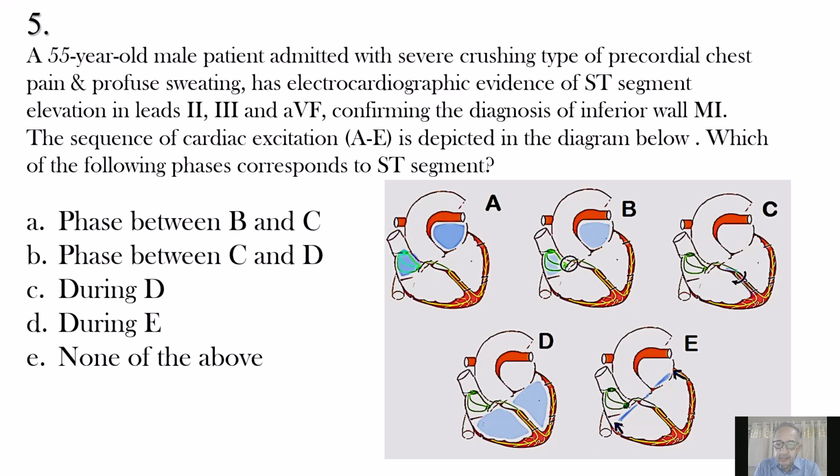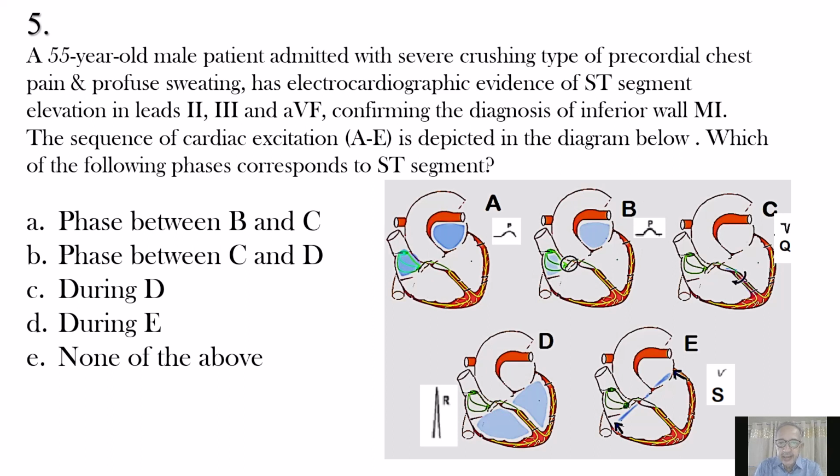And E is the last portion of the ventricle, the pulmonary conus and the top portion of the right ventricle and left ventricle getting depolarized, which produces an inverted S wave because of the direction of the depolarization wave. A starts from P and E ends in S. So PQRS are shown. Now, if you want to answer the question, the ST segment is the segment between the end of the S and the beginning of the T.